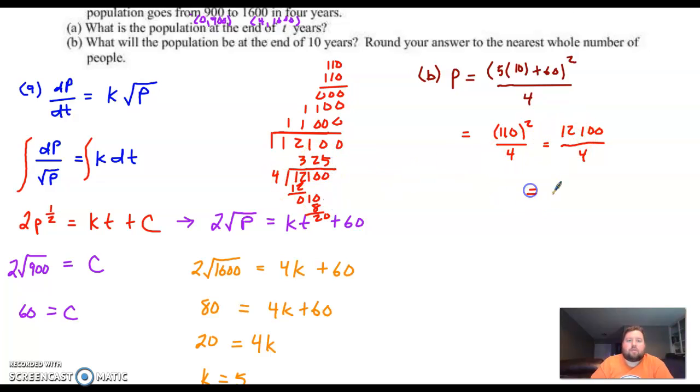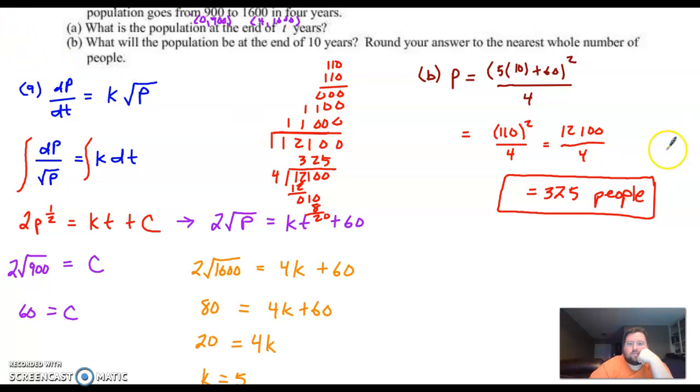So it looks like we have 325 people. No rounding necessary. All right, and I made a slight error here. When I was dividing, 4 goes into 12 3 times, and then I had a 1 left over. So 4 goes into 1 0 times. So it's actually 3,025 people, not 325 people.